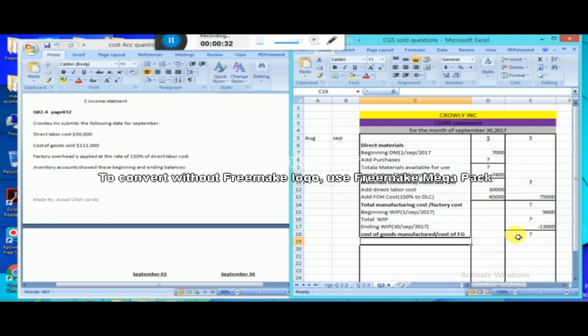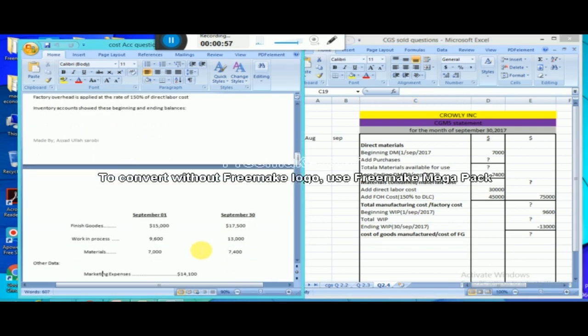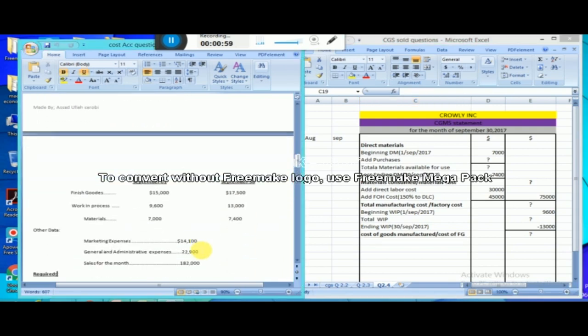Cost of goods manufactured or cost of finished goods here means that in the month of September we produced the finished goods whose cost is unknown now, but we will check whether we have finished goods remaining from the previous month or not.